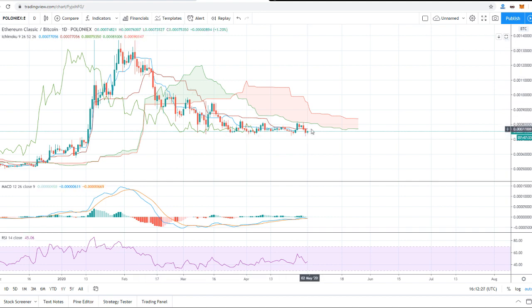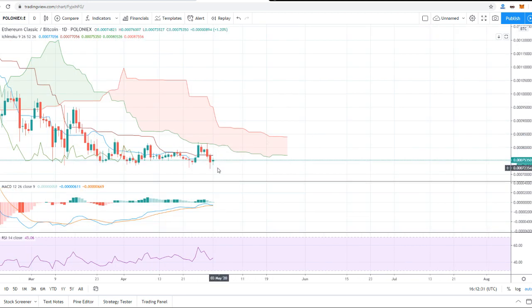So here's how it works. If we are able to close above this line, so there are two lines in the Ichimoku clouds and they act as support and resistance. If you're under the line, it acts as resistance, and if you're above the line, it acts as support. So you can see this blue line. Once we were under this line, it acted as resistance. But once we were able to close above this line, it acted as support.